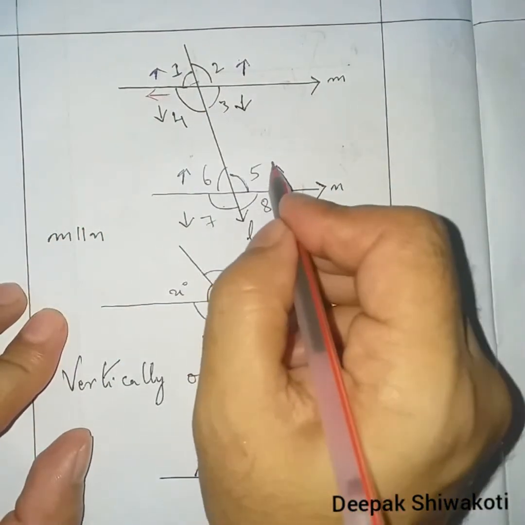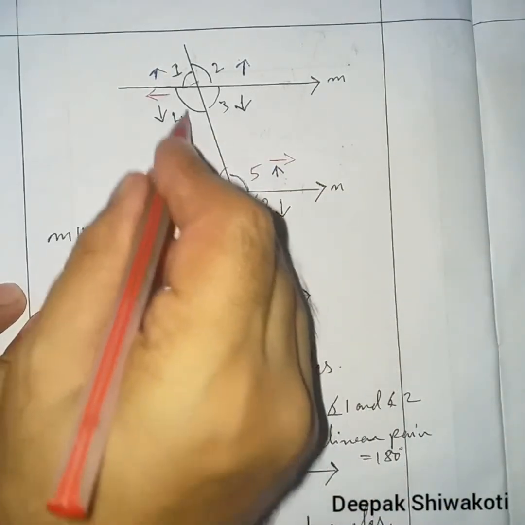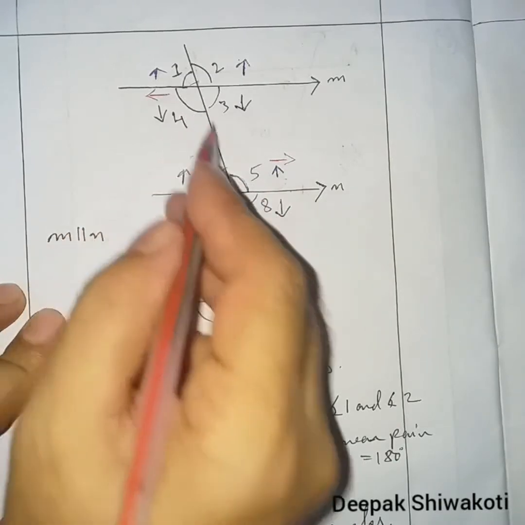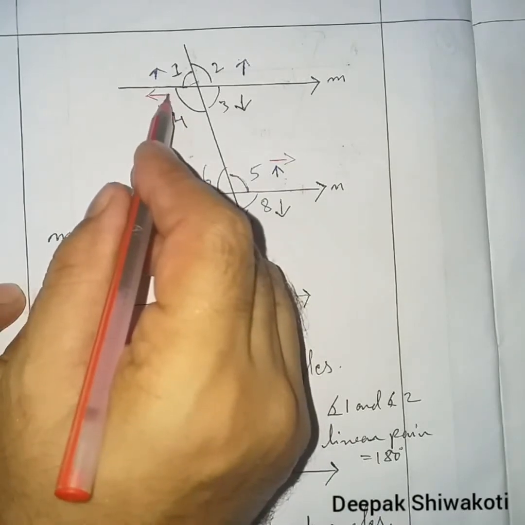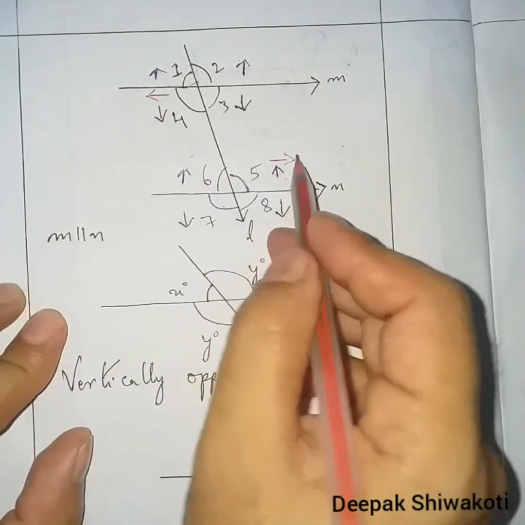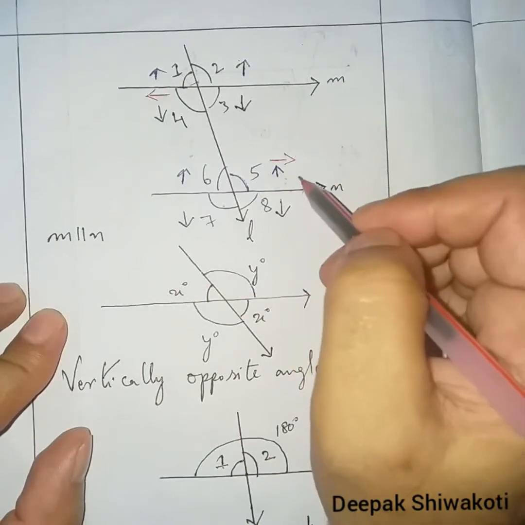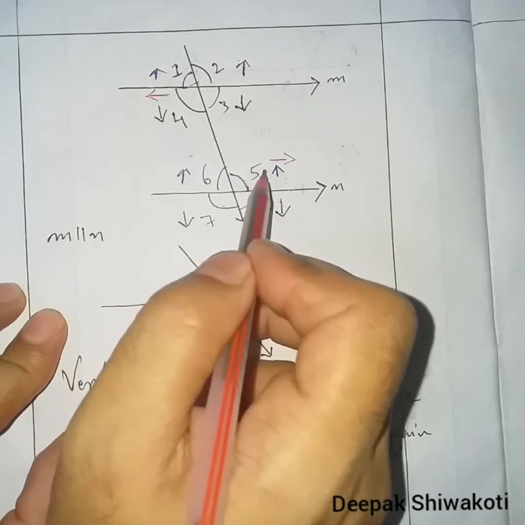And angle 5 is facing this side, opposite to each other, but the angles are on the same line. This angle is on this line, this angle is also on this line, but they face opposite sides. In the case of parallel lines, the alternate angles are also equal.